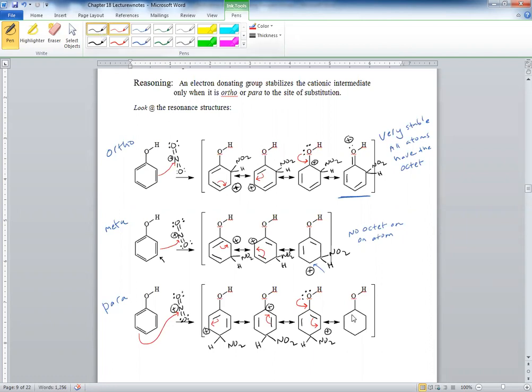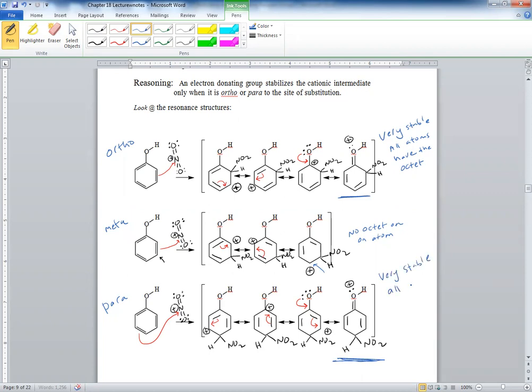And if you look at this, every single atom has the octet in that last structure. So very stable.